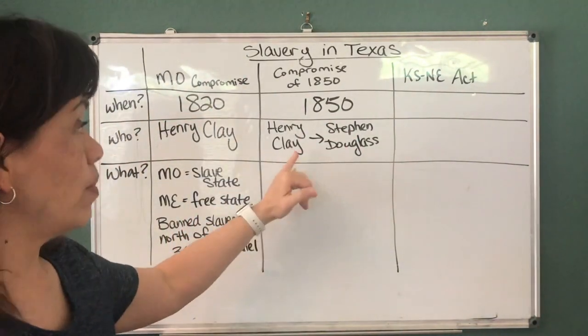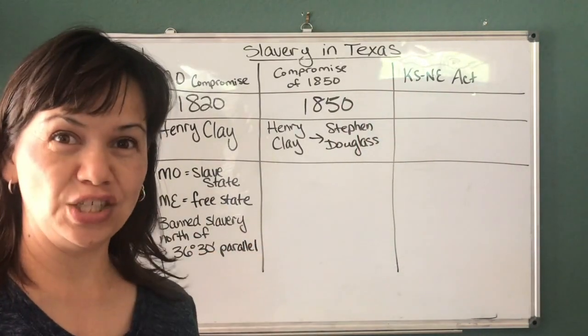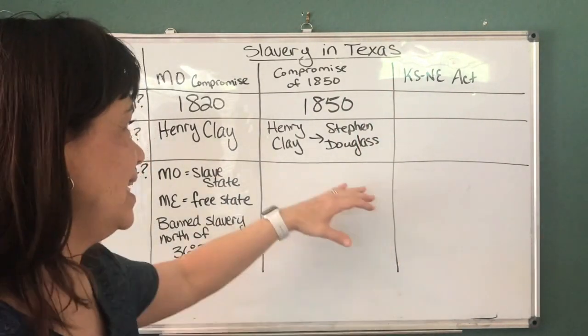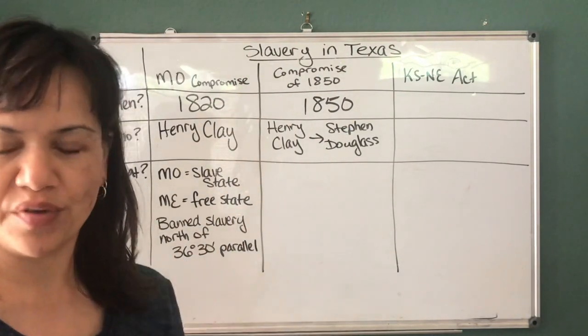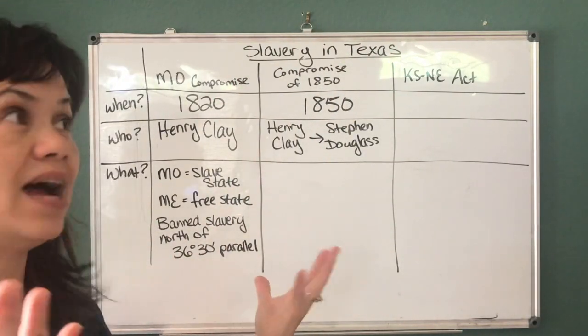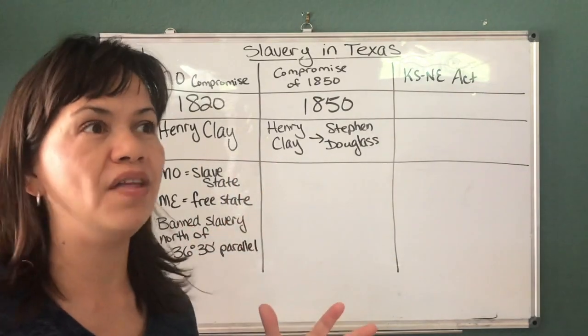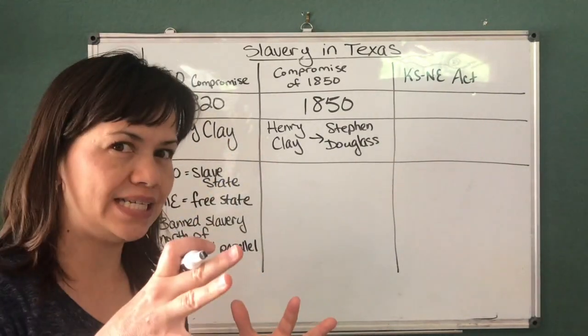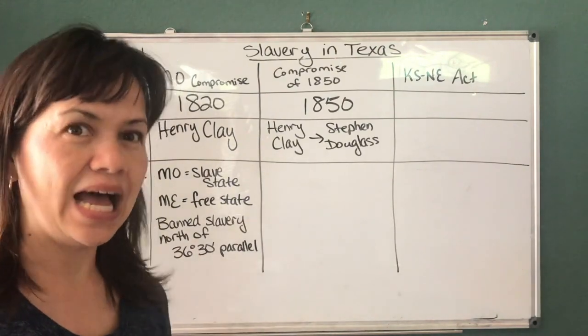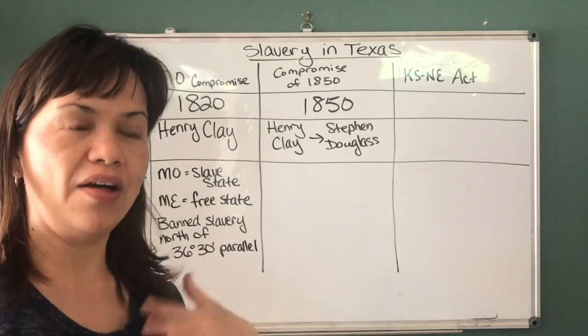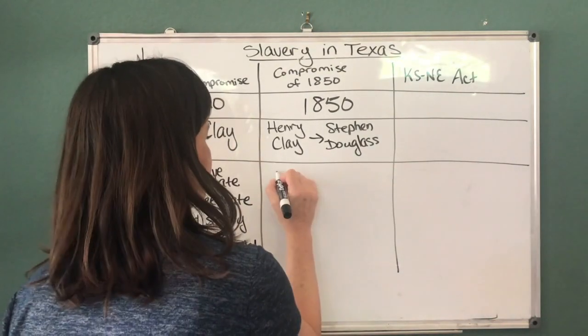And so, remember, Stephen Douglas was pro-annexation of Texas, pro-Manifest Destiny. And so the Compromise of 1850, we've already been through all the different provisions of that. But the big idea is that while they added California as a free state, they allowed the New Mexico and Utah territories to decide for themselves how they would deal with the slavery question.